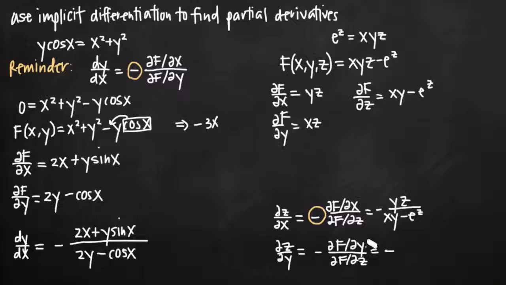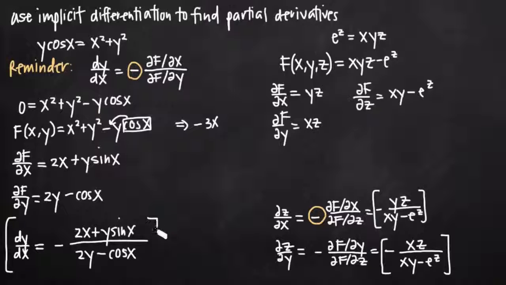Partial derivative of f with respect to y, we know here is xz, so xz, divided by the partial derivative of f with respect to z, which we know again is xy minus e to the z. And that's it. These 2 equations together, right here and here, are our final answer for this partial derivative problem with 3 variables, where this equation here is our final answer for the derivative of this 2-variable equation here.